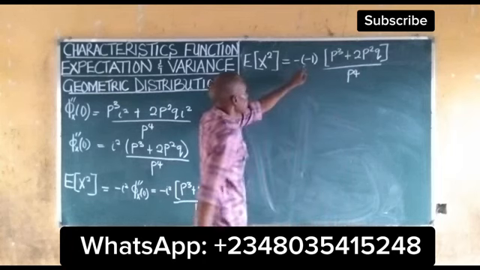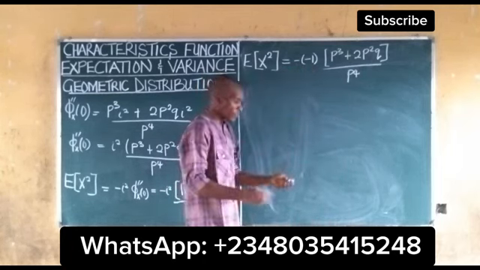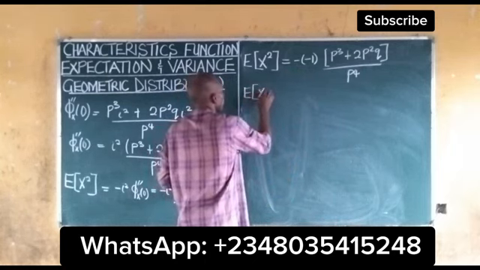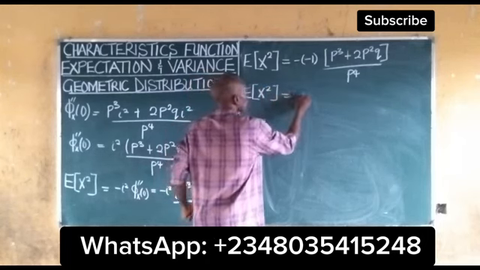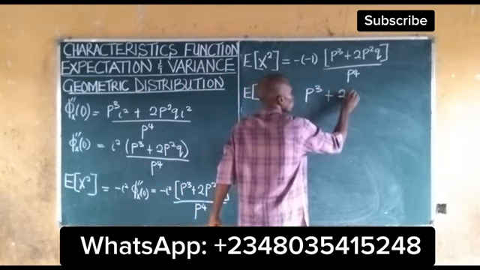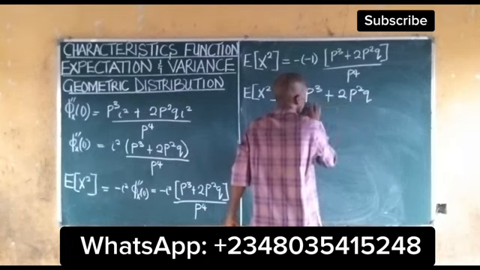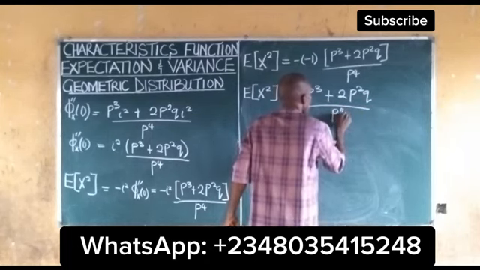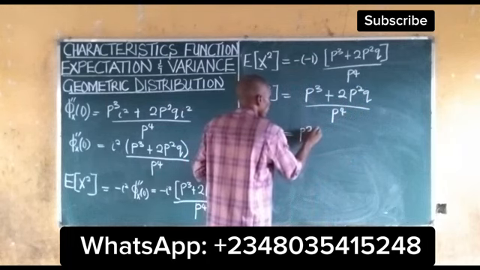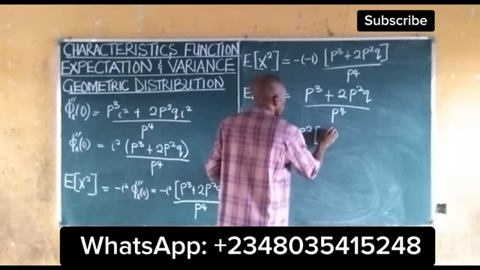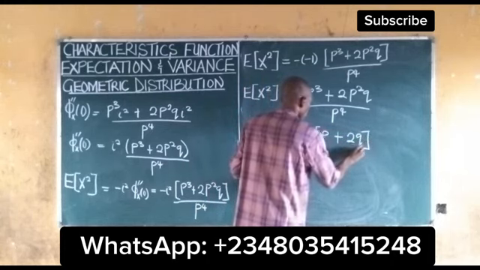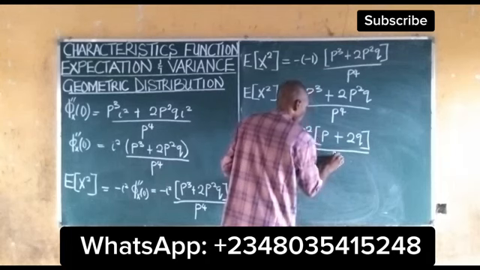Of course, negative is positive, so we have our expected value of x squared to be equal to p3 plus 2p squared q all over p4. We can now bring p squared out to be left with p plus 2q all over p4.